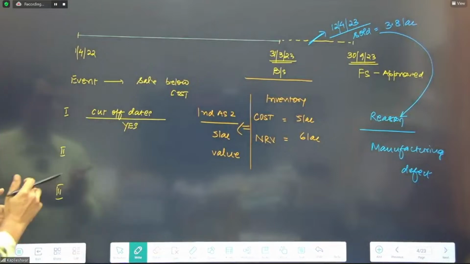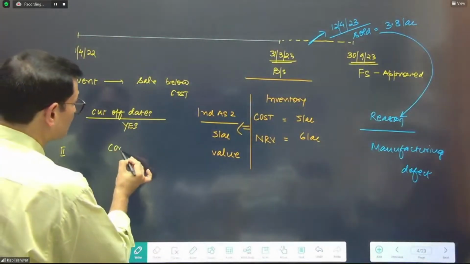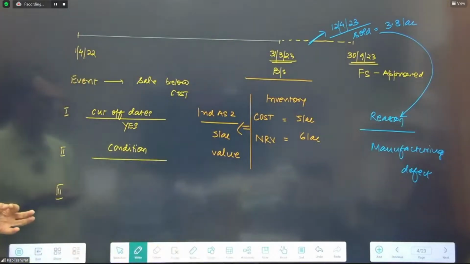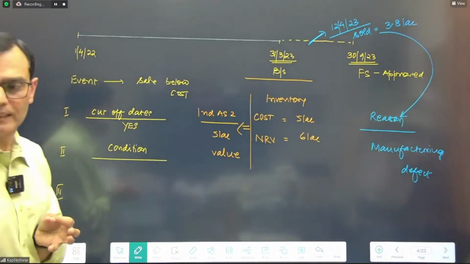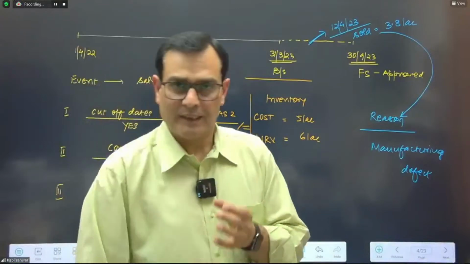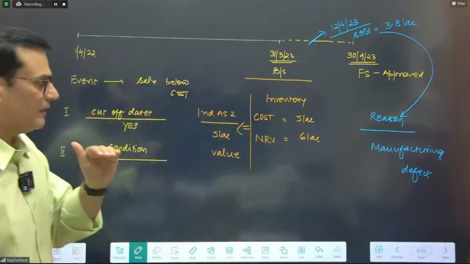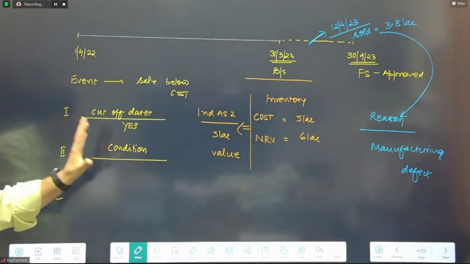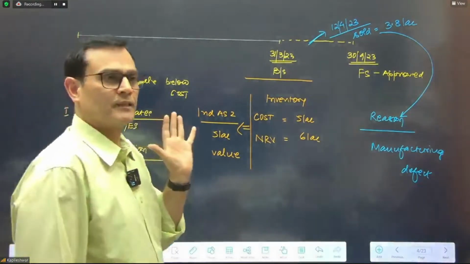Now I need the second input. Was there a condition which was present on the balance sheet date? I am very keenly looking at your answers now. Decide, is there a condition which is present on the balance sheet date? Make your analysis very clear.